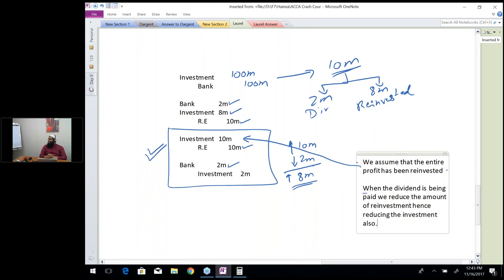Thank you, Amzali. So first we are assuming that the entire amount has been reinvested, and then when we receive the dividend, we reduce the investment. Is everyone getting this? Is everyone getting my point?